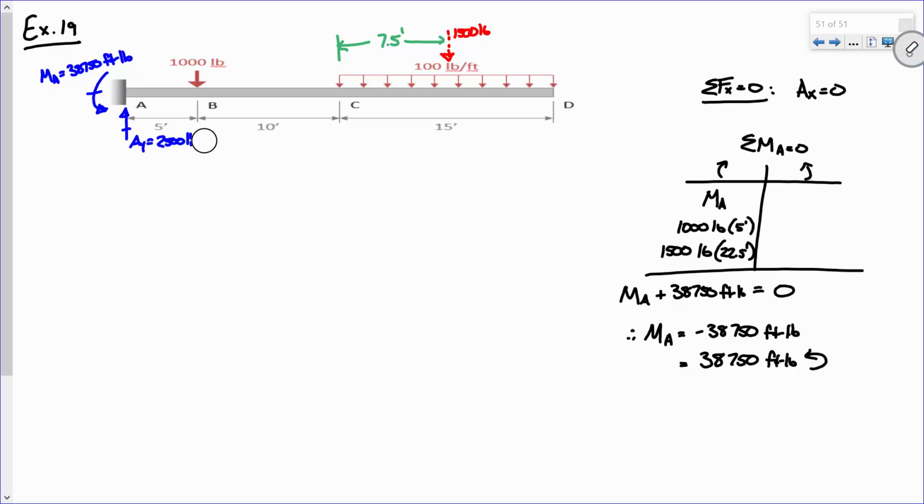All right, sound good? Now we're going to do the same drill as we did last time, and we'll draw a bunch of vertical lines at each of these given points and handle it the same way.